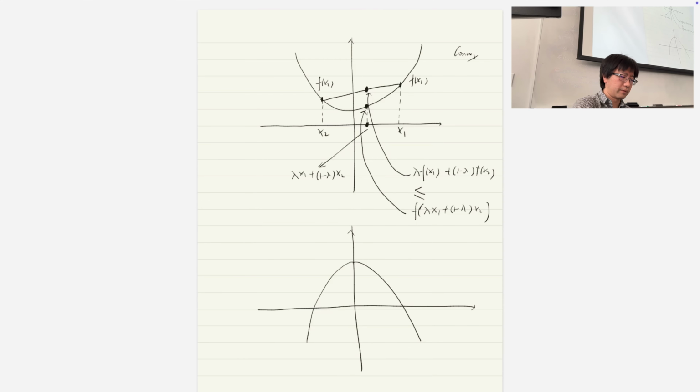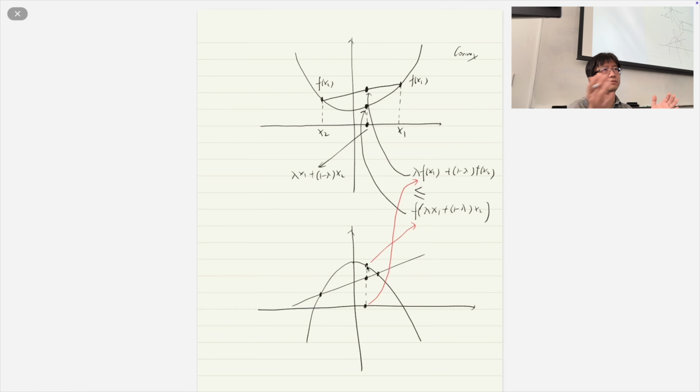If we do the same thing here, we consider two points, and if we do a linear combination inside, say it's here, then the corresponding value would be here, and the other value would be here. Maybe I don't need to rewrite it. So this guy is basically this, and this guy is basically this, and clearly we can see that this guy would be less than or equal to that.